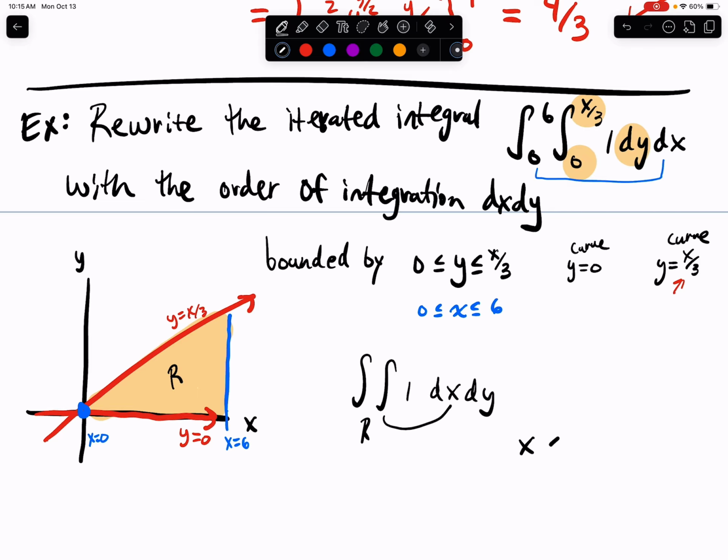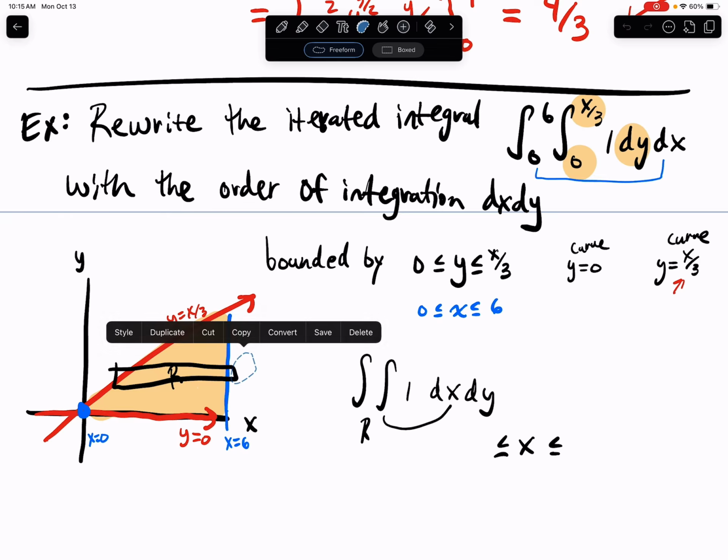So x needs to be between two functions in terms of y. All right? Well, how do we do that? So x runs from left to right. Is it always the same left to right? Yeah. All right. The left side's always the left side. The right side is always the right side. So we're good here. Okay.